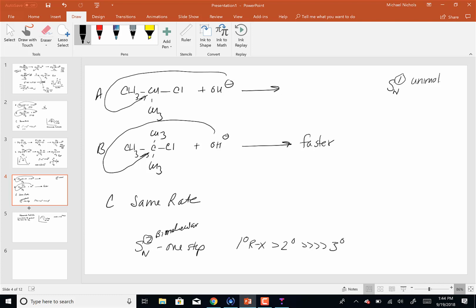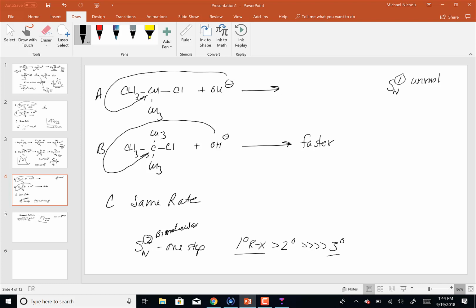So if we were doing the one-step mechanism, the top one would be faster? Yes. But here's the thing. You couldn't really do it with the second one, could you? When you have a primary alkyl halide, it reacts faster in the one-step mechanism. But the tertiary one can't undergo that reaction, but then it has an alternative pathway.